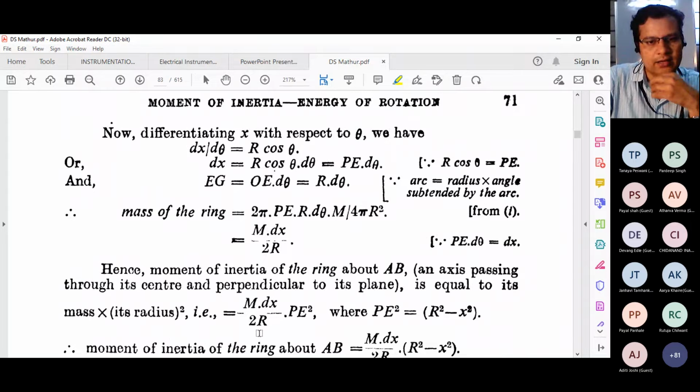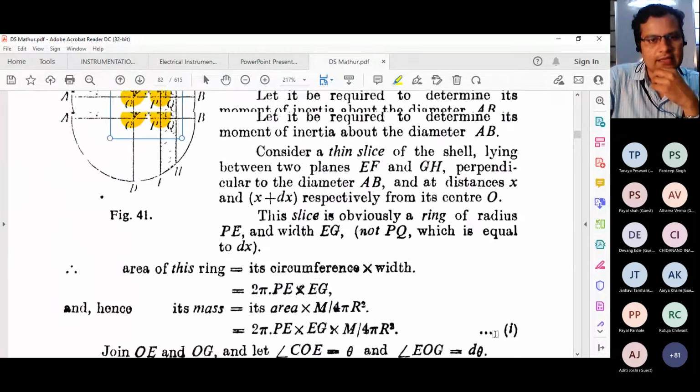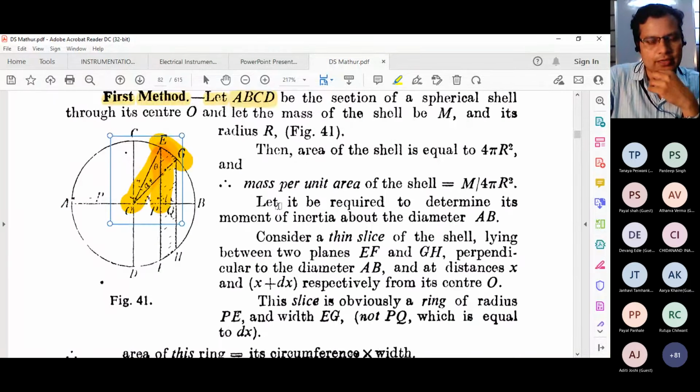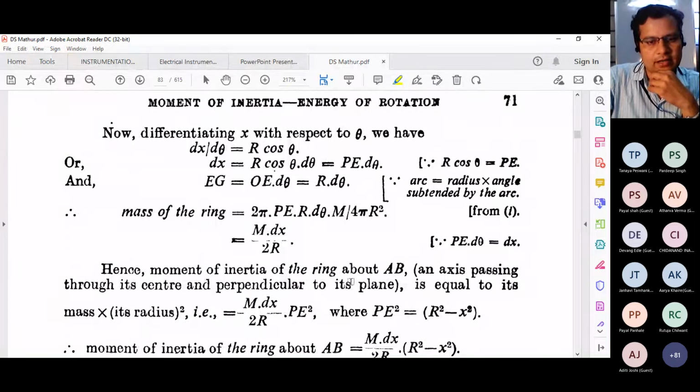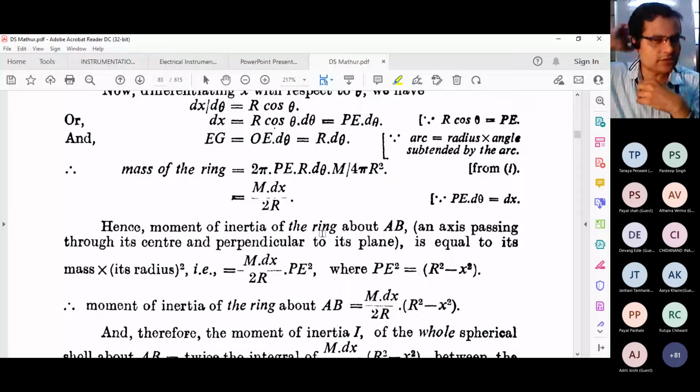So m dx upon twice r multiplied by PE whole square gives me the actual moment of inertia of the ring about its AB. That AB is the diameter over here, right? So AB is the diameter. We want the moment of inertia of the ring about its diameter AB.